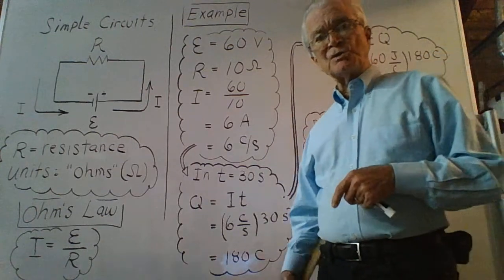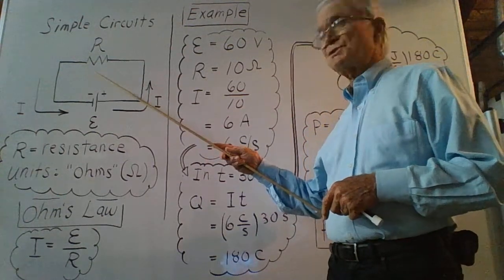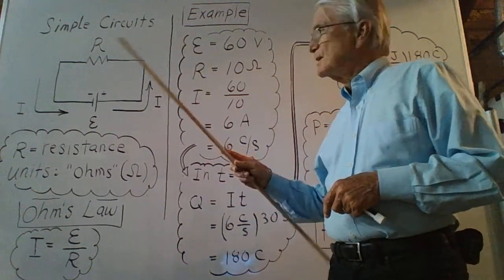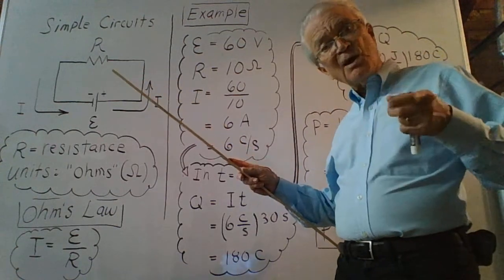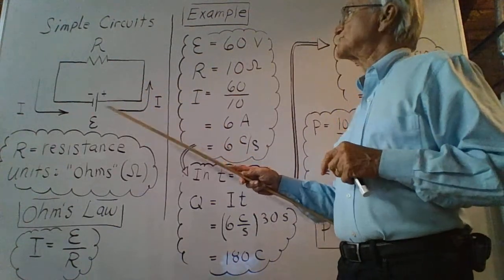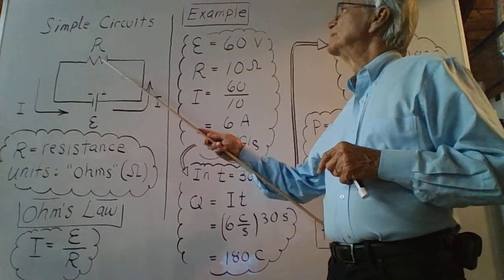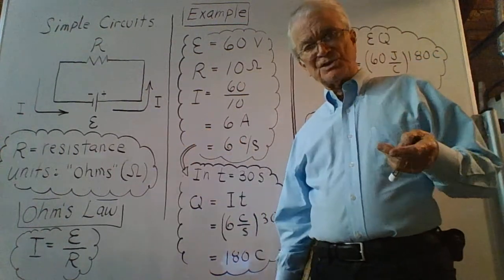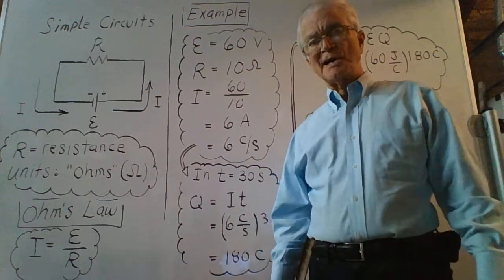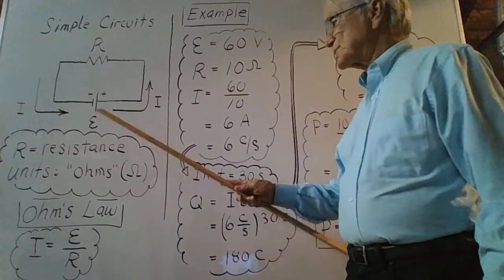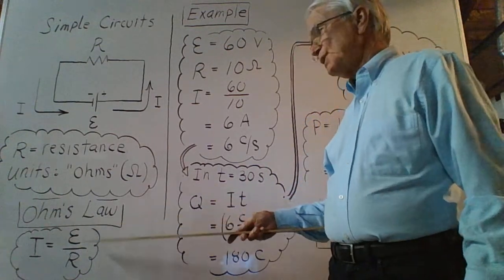Ohm's law applies only to a circuit of this type called a simple circuit. A simple circuit, I'll declare now, finally, is a circuit in which there's just one battery and one resistor, and we don't count the connecting wires. For a simple circuit, Ohm's law applies.